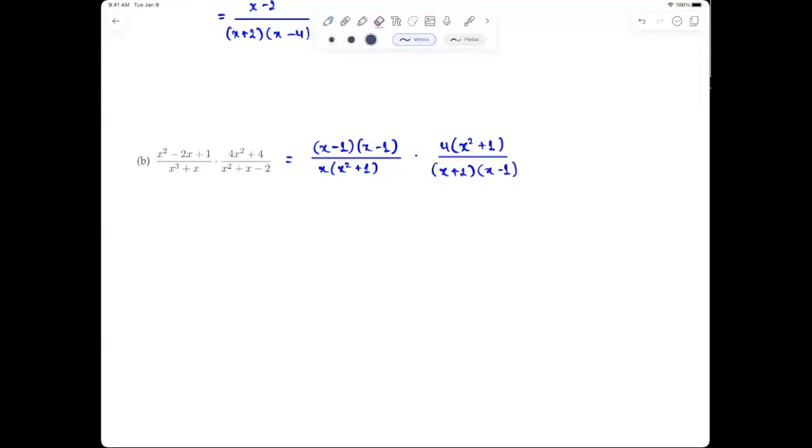So x different from 0, x plus 2 different from 0 implies that x different from negative 2, and x minus 1 different from 0 implies that x different from 1.